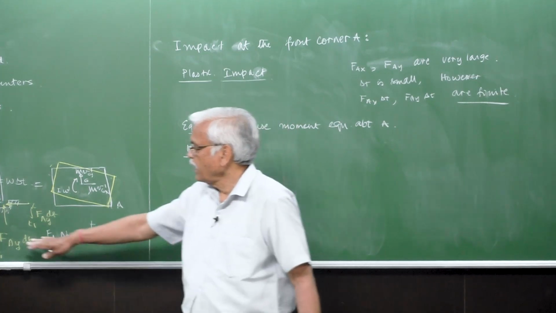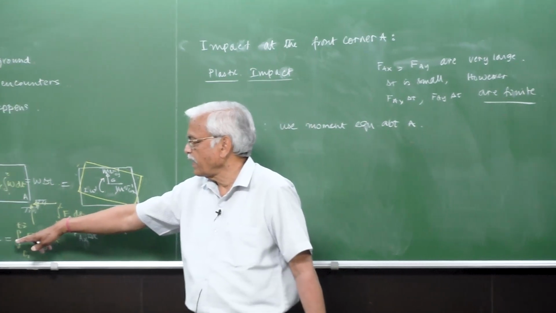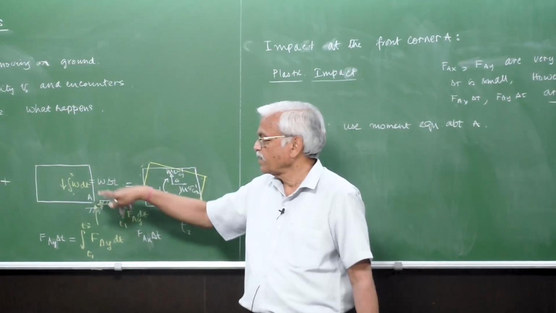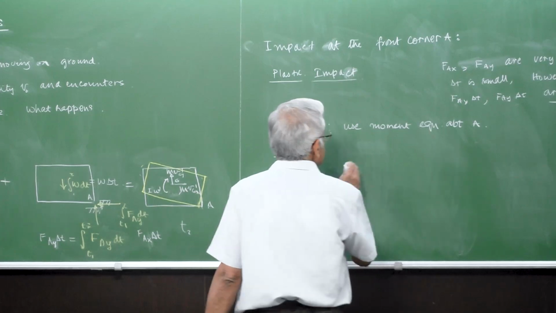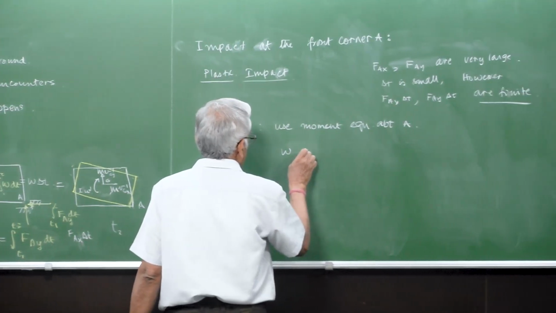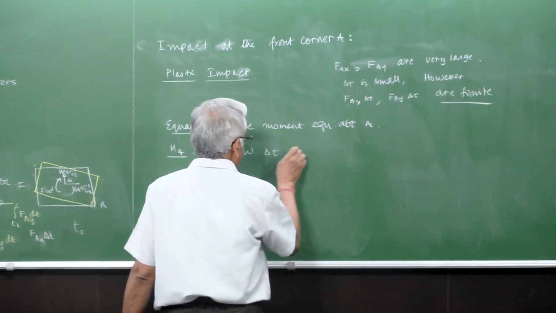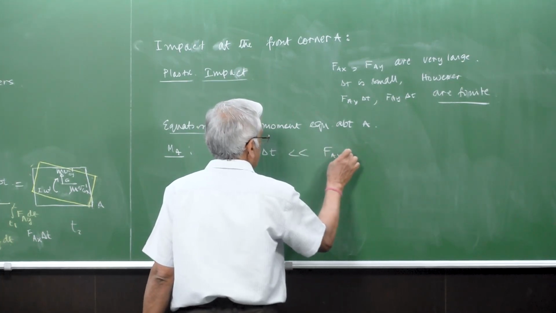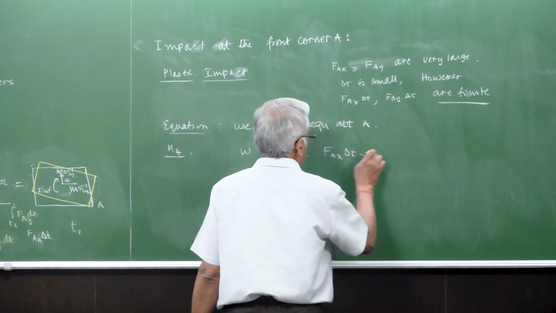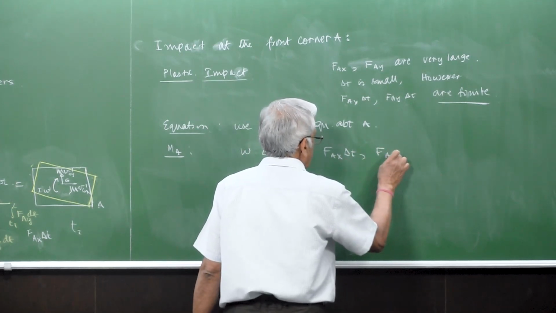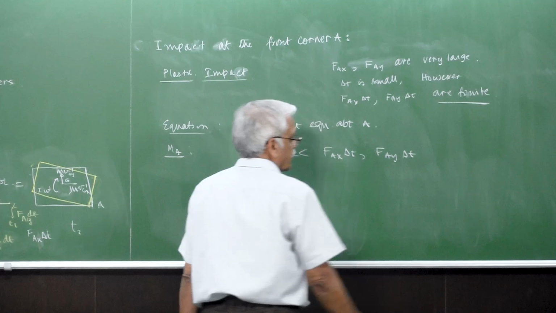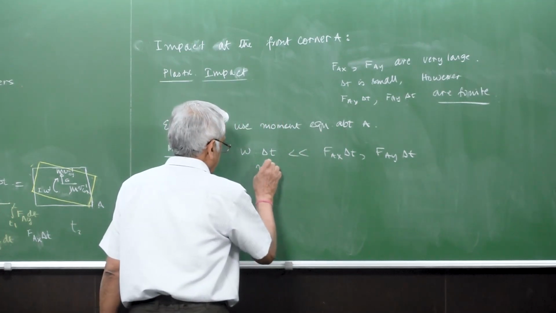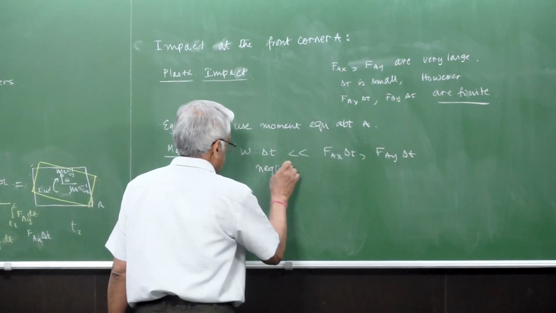While Fay delta T and Fax delta T are finite in nature, this W delta T is very, very small compared to them, so this is negligible. That's what you have to understand.